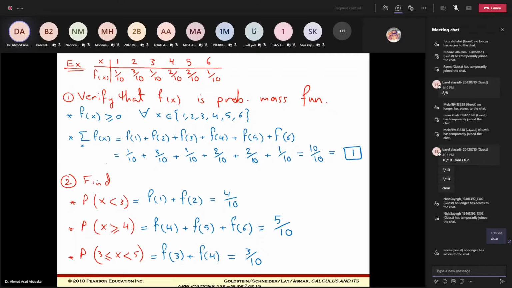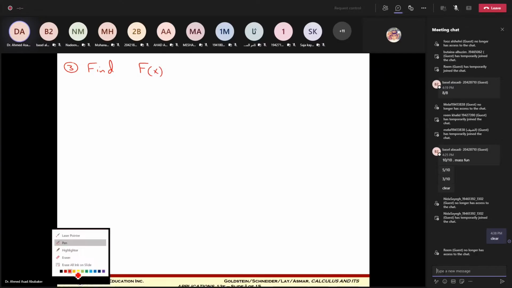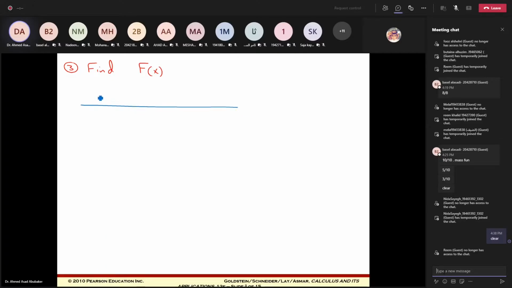Now we ask about number 3, find the cumulative distribution F capital of x. To find F capital of x, put the same table: x, f of x, and F capital of x.